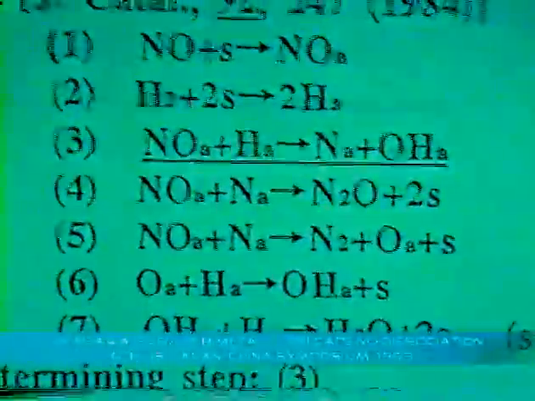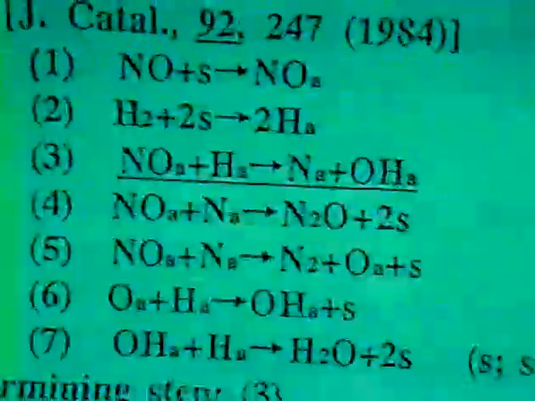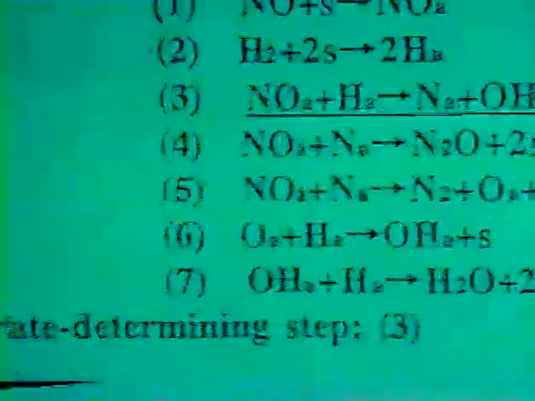NO doesn't react on rhodium particles supported on silica by itself, particularly below 100 degrees Celsius. NO molecules associatively adsorb on rhodium particles, and hydrogen, of course, dissociates on rhodium particles to form hydrogen atoms on the surface.